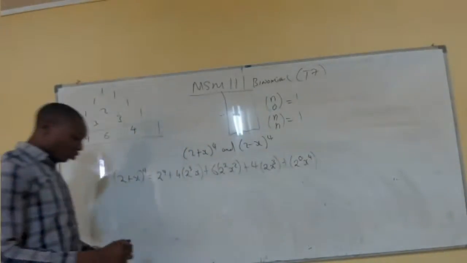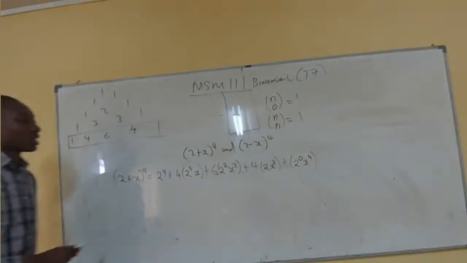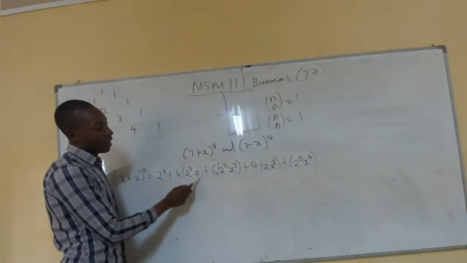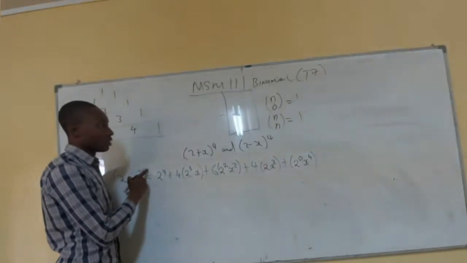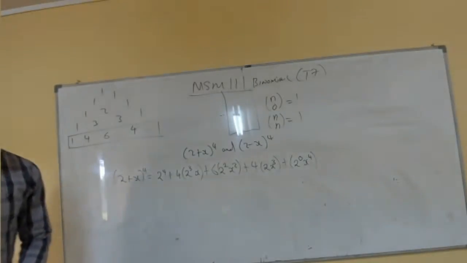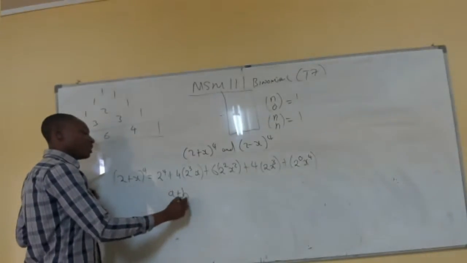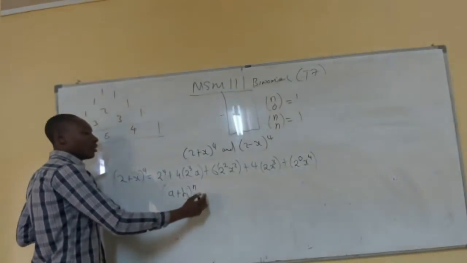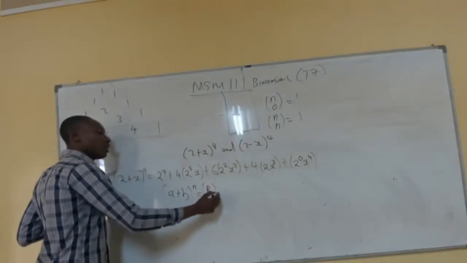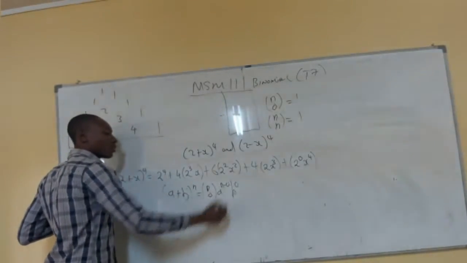Okay, one thing you should also note is this. If you look at this expansion, you notice that the powers here sum up to n. So whenever you're looking at a binomial expansion, if you have a plus b to the power n, the first one would be n choose 0, a to the power n minus 0, b to the power 0.